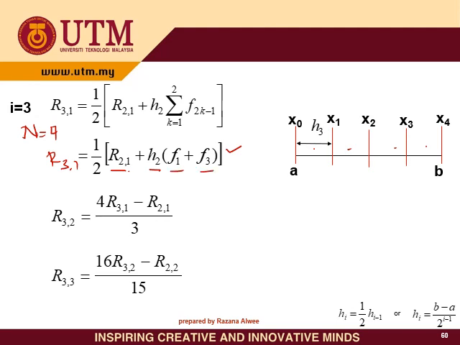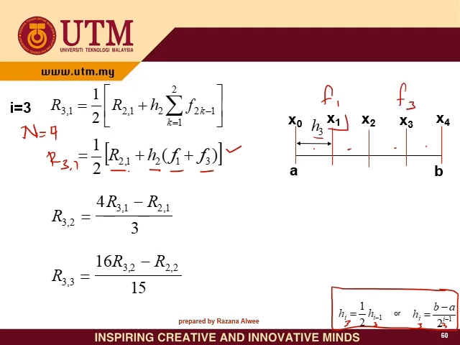So you draw this. How to find your H3 again? Use the equation. Okay, you can find your H3. You put your 3 here inside here, either one, up to you what you want to use. Okay, so you find your H3. You can then draw your x1, x2, and x3. So this is your F1 and this is your F3.